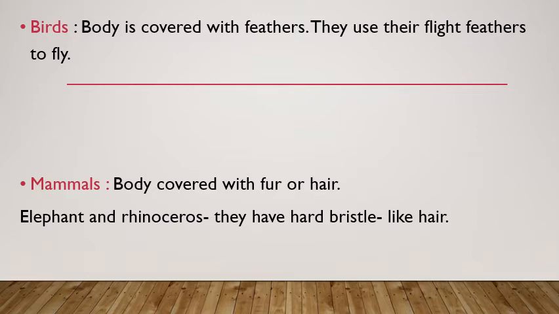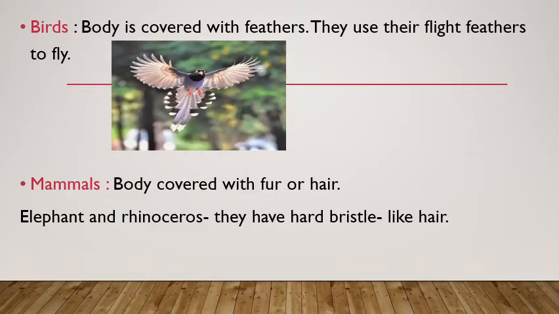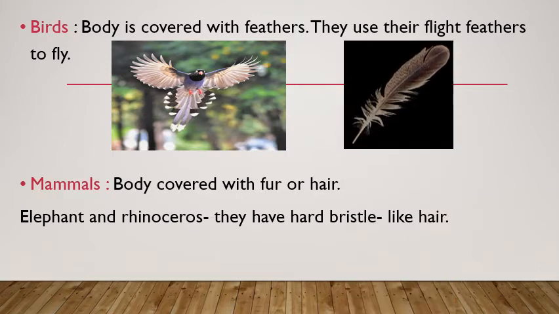The body feathers give shape to the body of the bird. You can see how the flight feathers are there and how they use them, and this is one single feather, an example of how it looks.